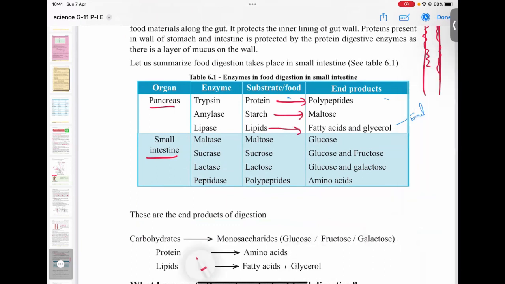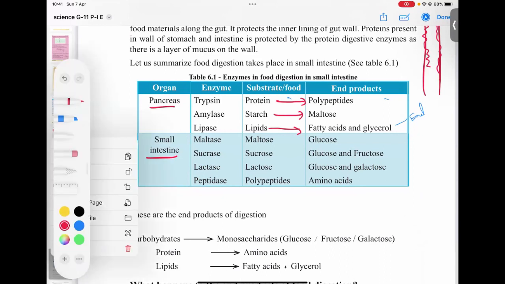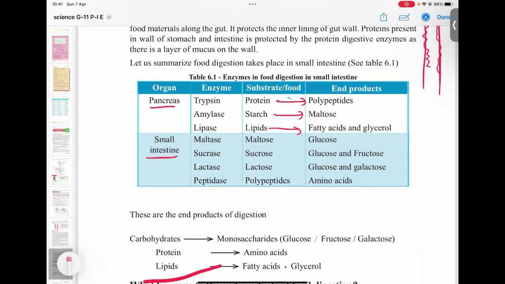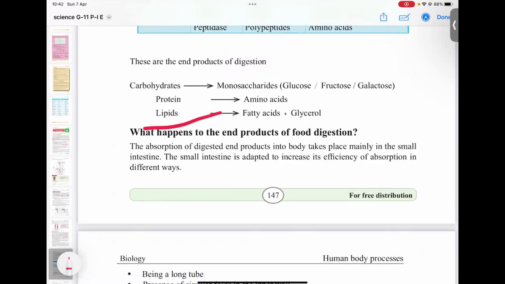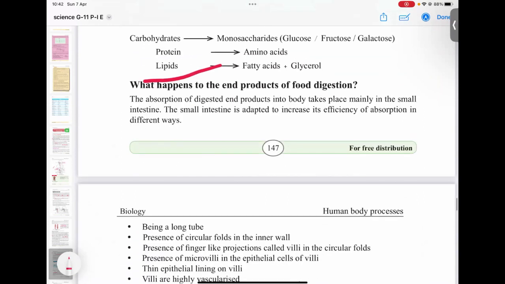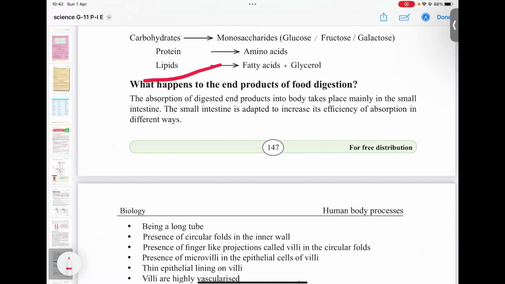So fatty acids and glycerol are the end products of lipids. Go through them, it's just to remember. Finally, carbohydrate will be converted to monosaccharide, protein to amino acids, and lipids to fatty acids and glycerol.